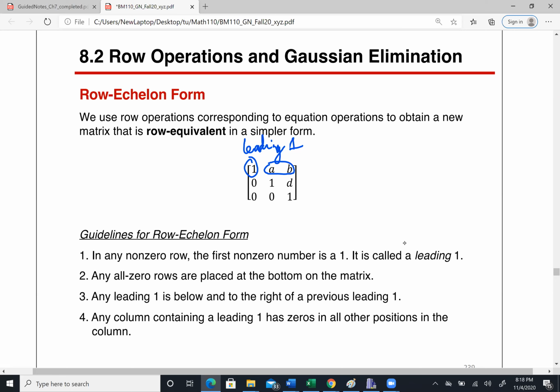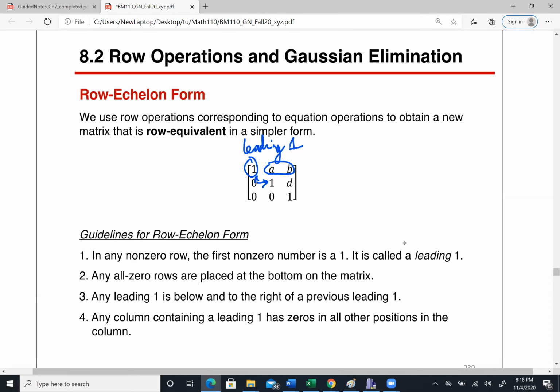Number three, any leading one is below and to the right of the previous leading one. So if I come to the next leading one, I have to go to the right of the previous leading one.